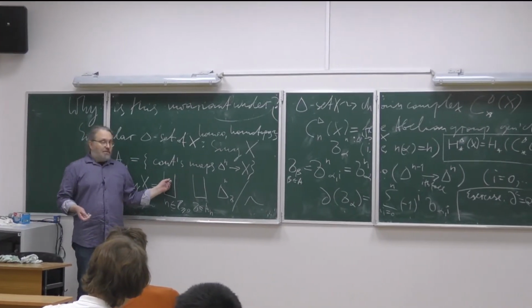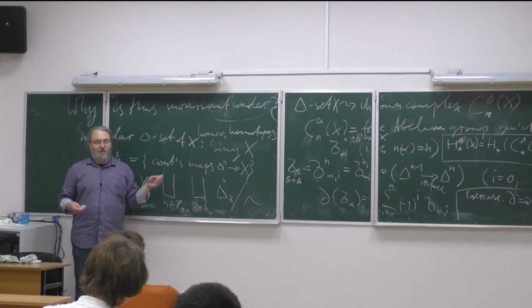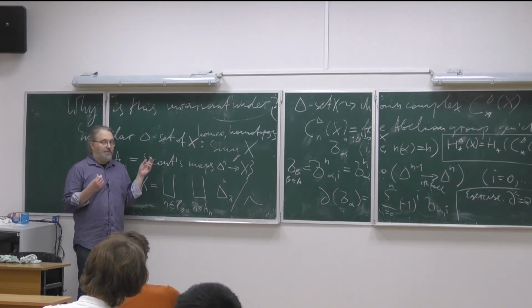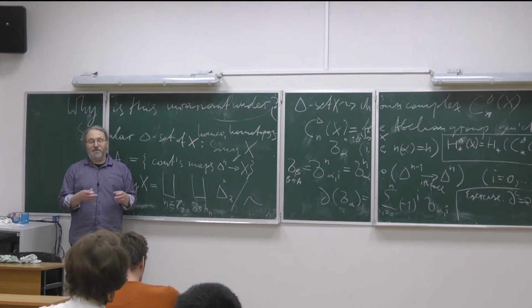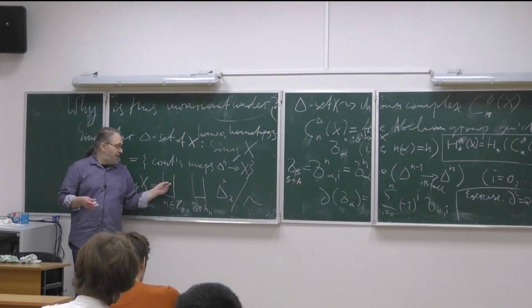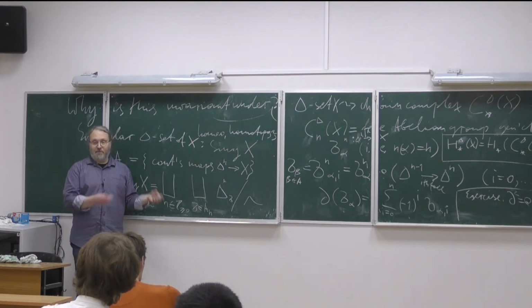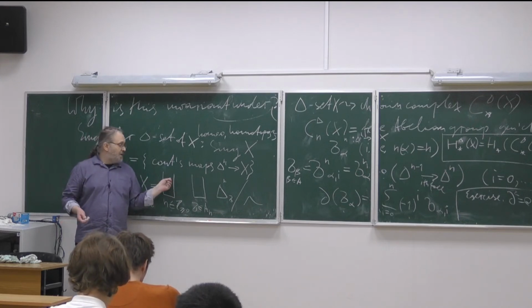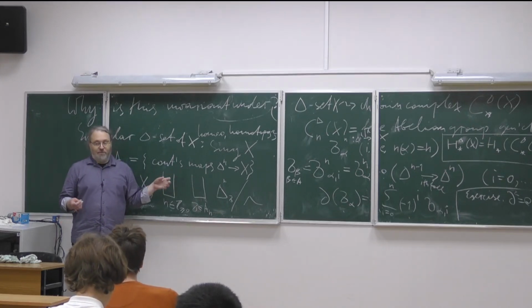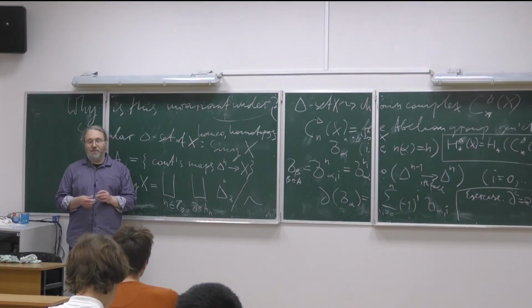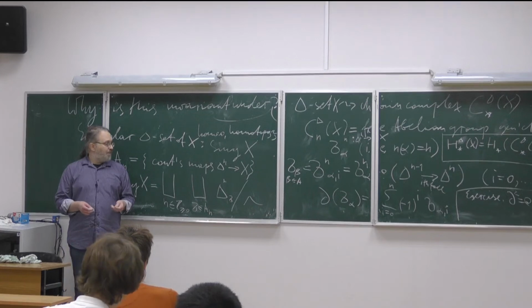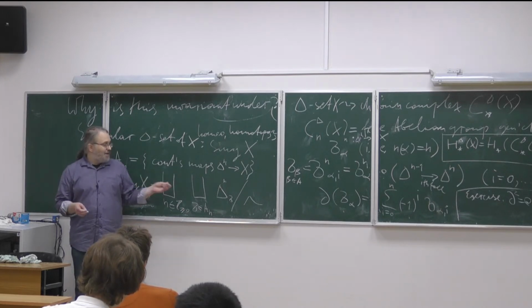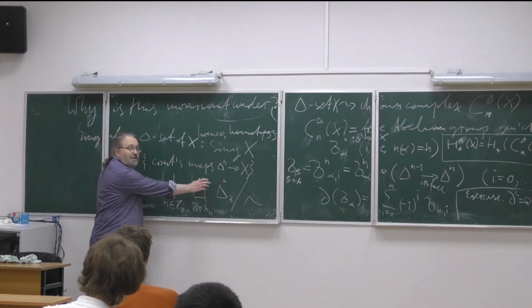So this is just a disjoint collection of simplices of varying dimensions, and the size of this thing is enormous, huge, gigantic. Anyhow, this part is clear.